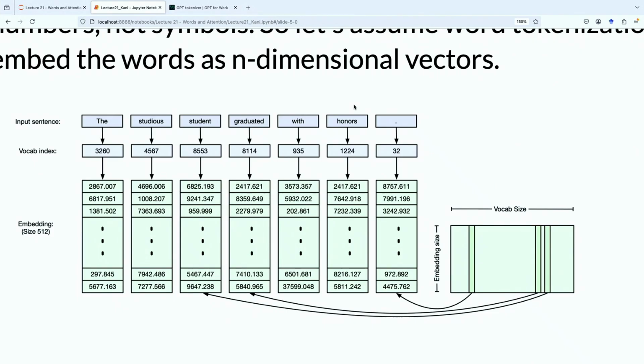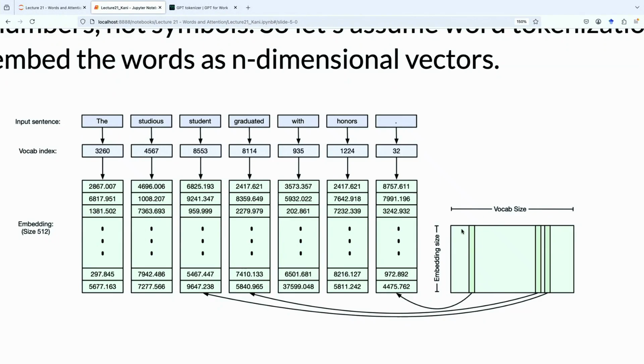That's for the actual model to decide. This vector is a trainable parameter. So we have what's known as an embedding matrix, and it has the size of what we call the model size or the embedding size. Let's say this model size is 512. So it has 512 rows, and it has whatever the vocab size is, say 200,000 columns.